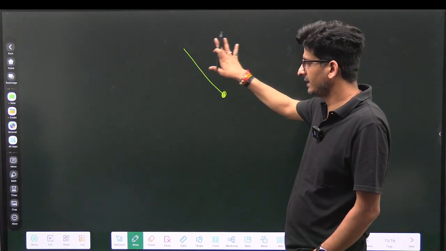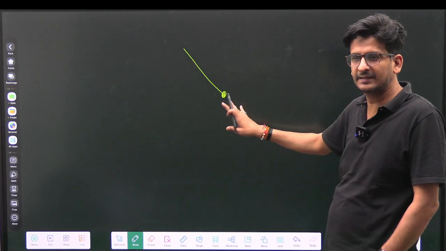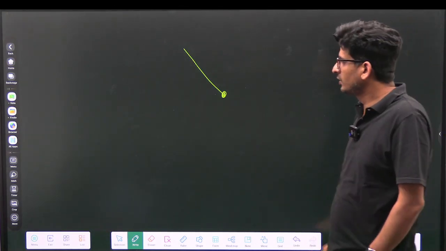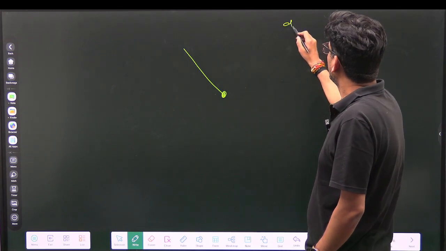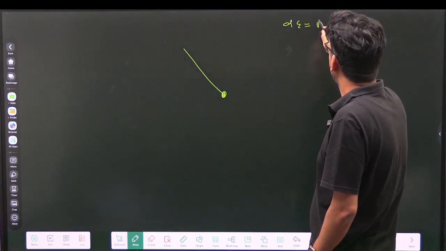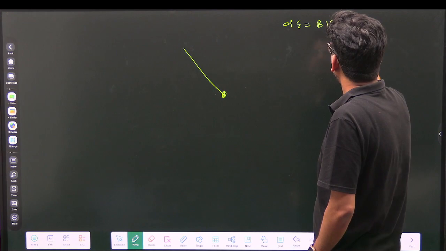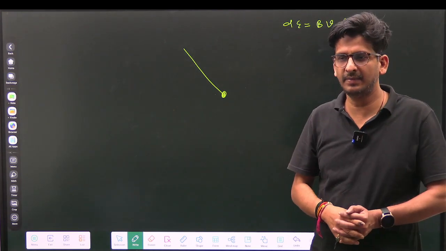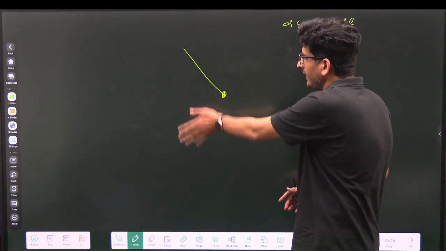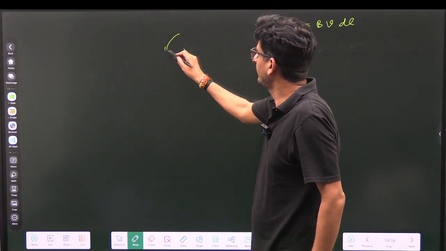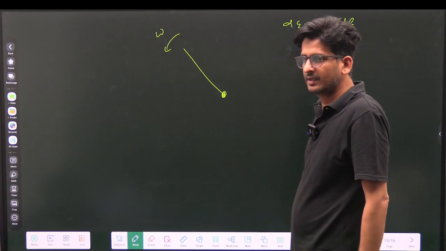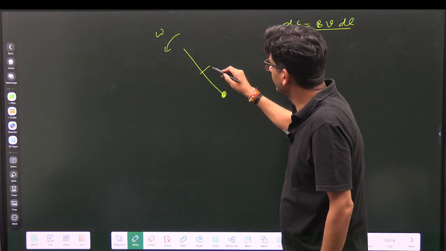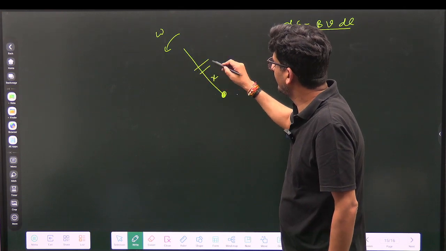This region has a magnetic field. Okay, so you know the formula dE is equal to BvdL. Suppose there is a small length, so how much EMF will be induced if this is rotating with omega velocity? So what you do, because you know this formula, at a distance x, take a very small length.